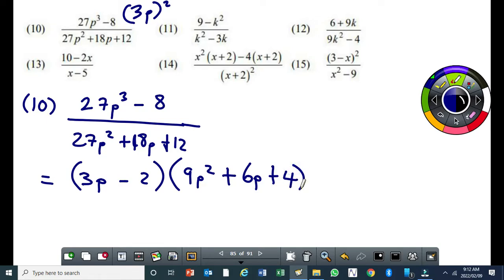Right? So I factorized the numerator. Now I need to factorize the denominator. Okay? Now, to factorize the denominator, sometimes you have to check if there's a common factor. Always when you are factorizing, check if there is a common factor. If it's not there, then verify if it's a difference of 2 squares.